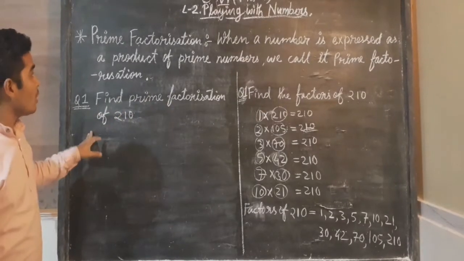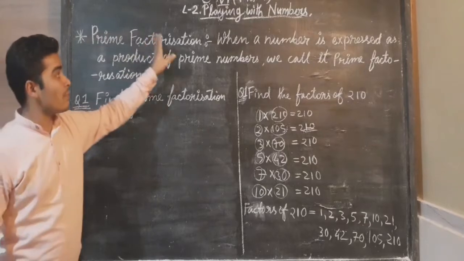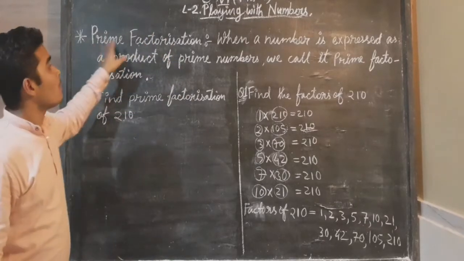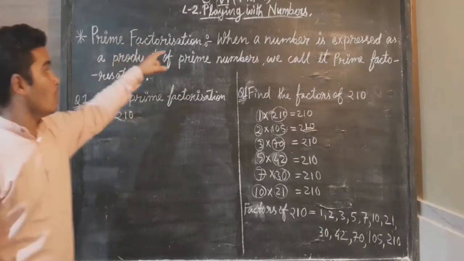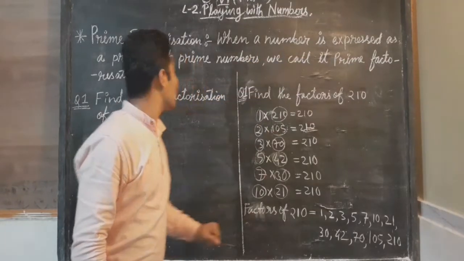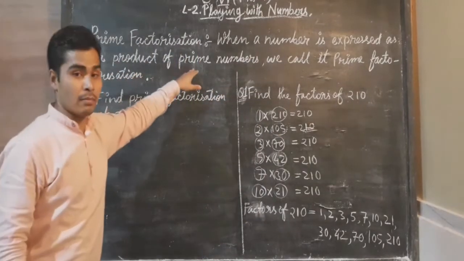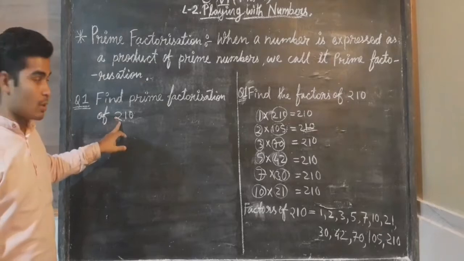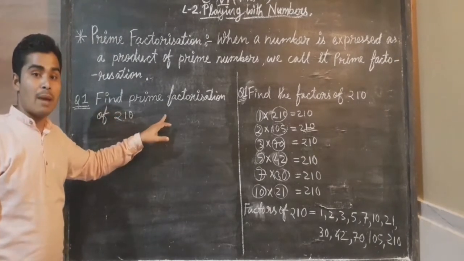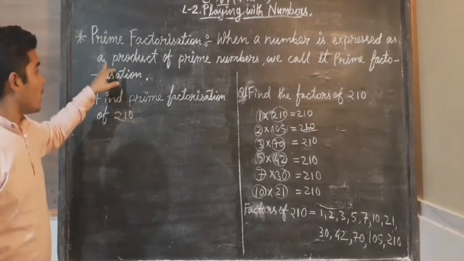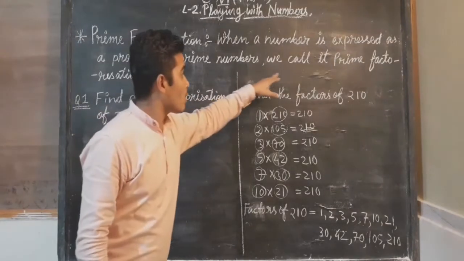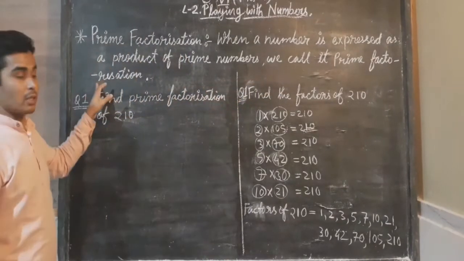First of all, we will read the definition of prime factorization. When a number is expressed as a product of prime numbers, I have to express this number as the product of prime numbers, and then we call it prime factorization.